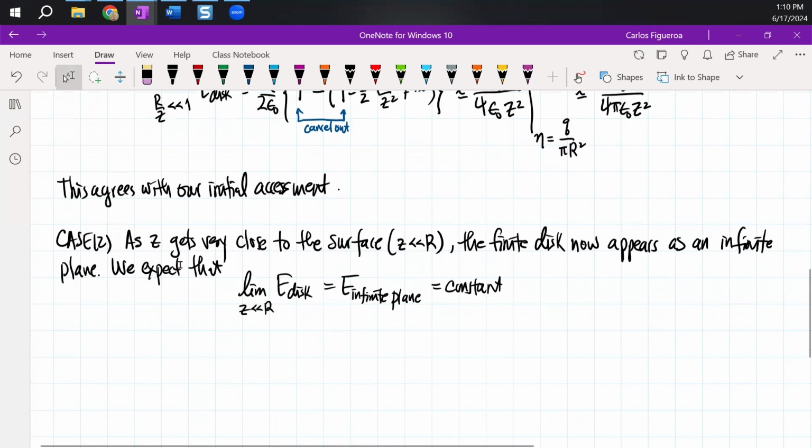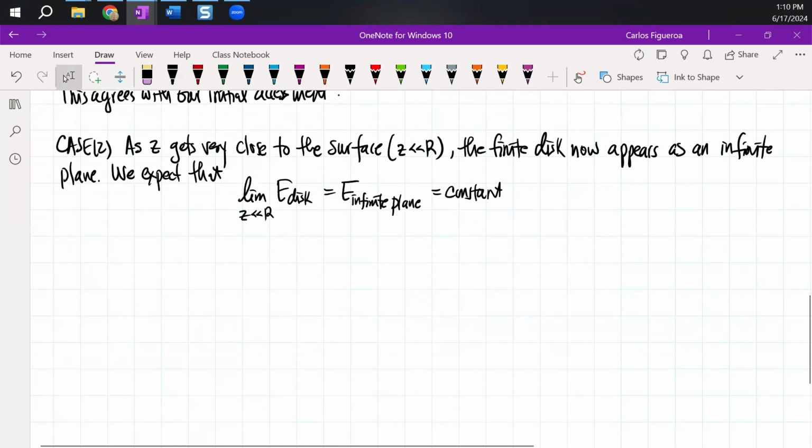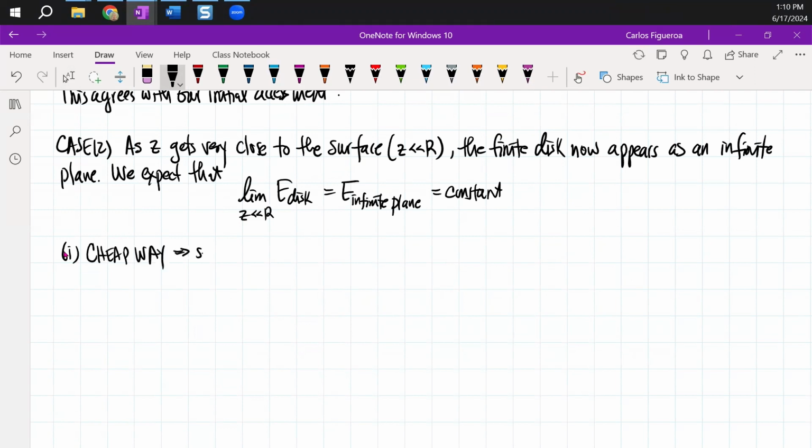So let's do it two ways. Here, we're going to look at the cheap way. And here we're going to set z equal to 0. Or just z almost at 0, we can't set it to 0.